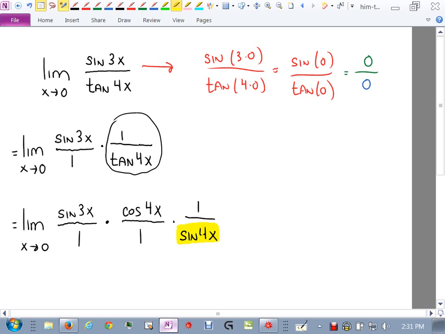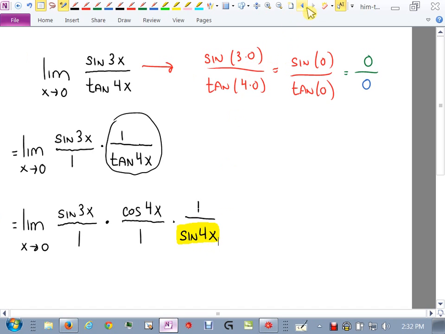There's my division by 0. This is not division by 0, is it? Sine of 0 is 0. 0 over 1 is 0. That's okay. Cosine of 0 is 1. 1 over 1 is 1. Who cares? 1 over 0 is the part that's causing the problem. So I need to somehow eliminate that problem.